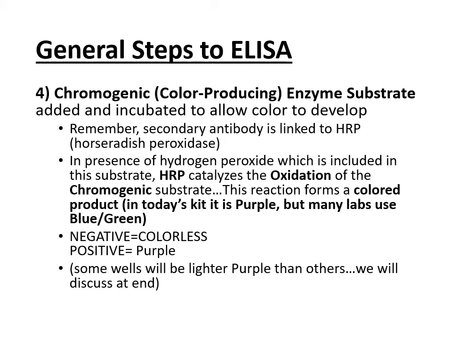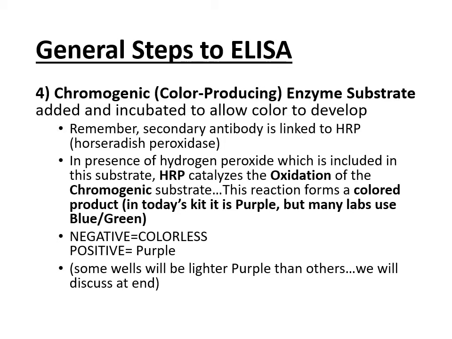And that HRP from the secondary antibody will catalyze what's called the oxidation of the final substrate. That's a fancy way of saying that the secondary antibody's little HRP that's hanging on to it will break down the chromogenic substrate, the final reagent that you're adding in an ELISA, and it will cause a product to be produced that has color.